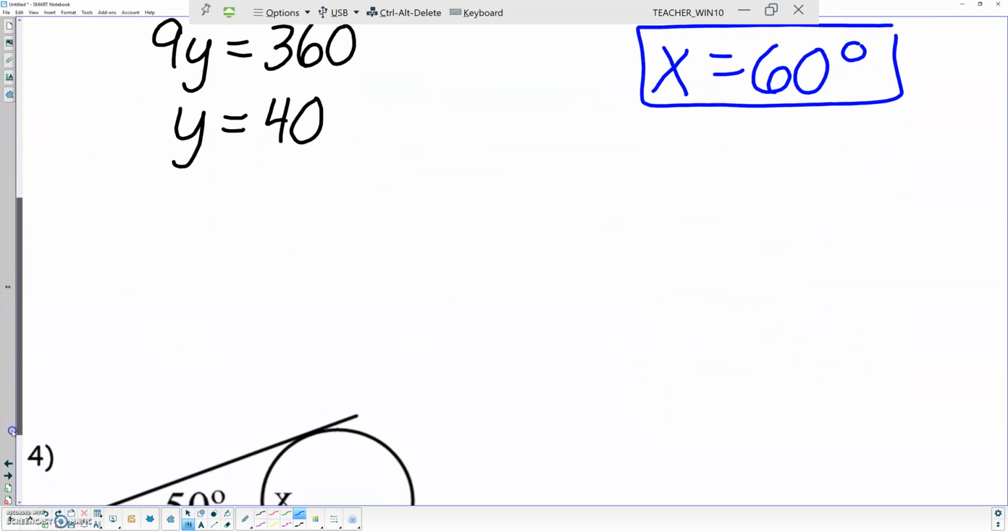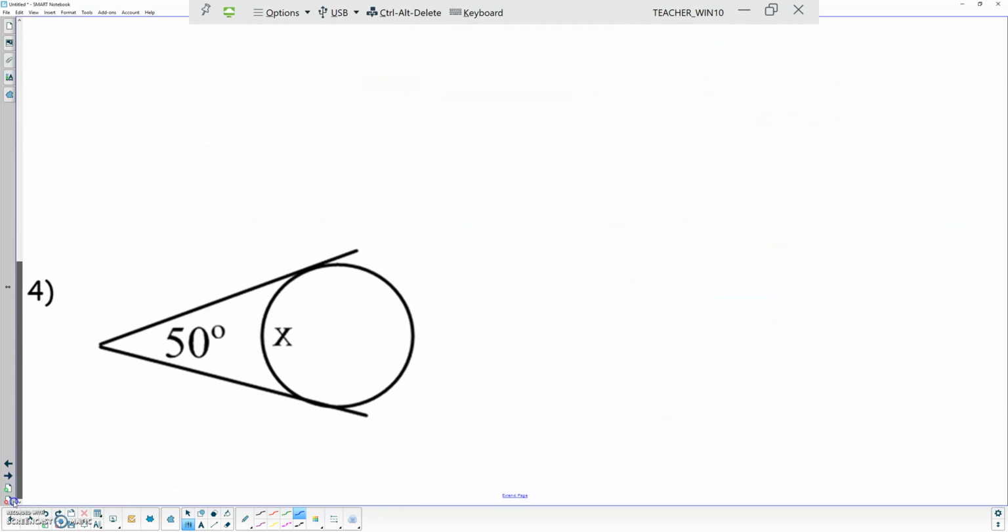All right, the next one, number 4. Number 4 is slightly different. They give us the external angle, and they want us to solve for the near arc. We don't know what the near arc is, but we know there's always 360 degrees in a circle.